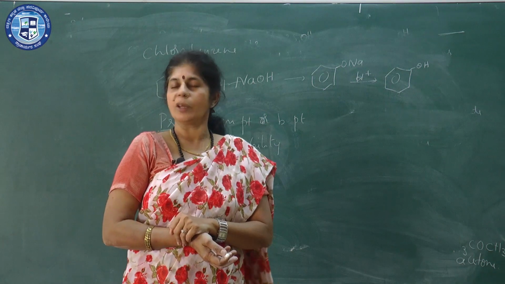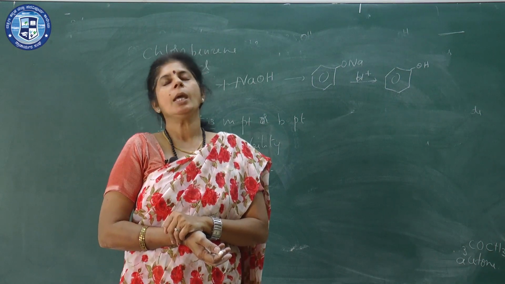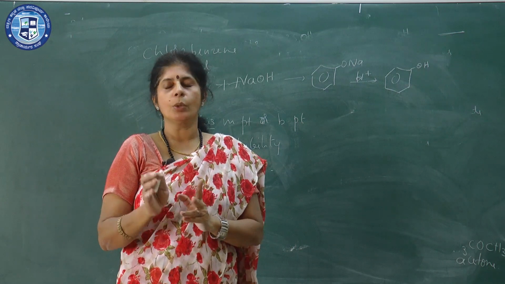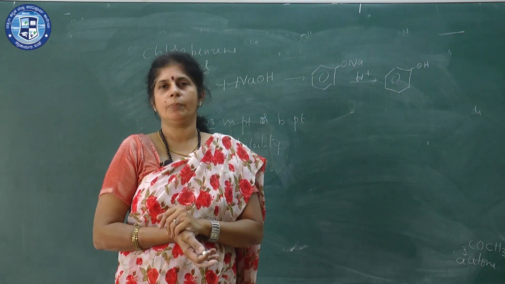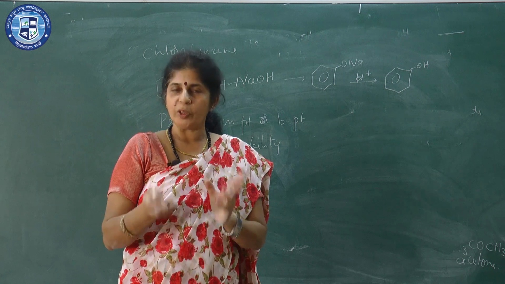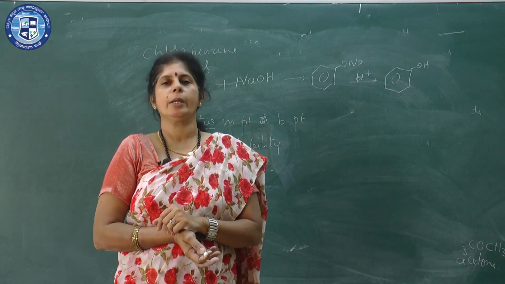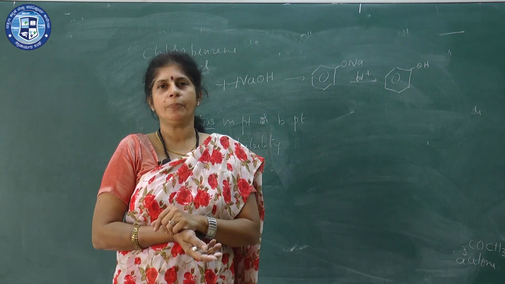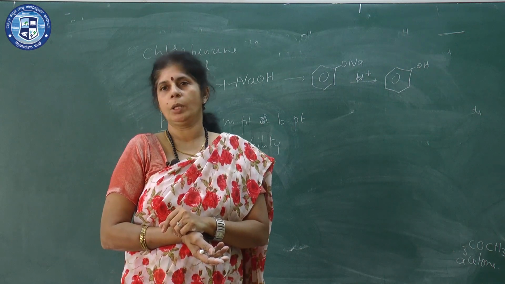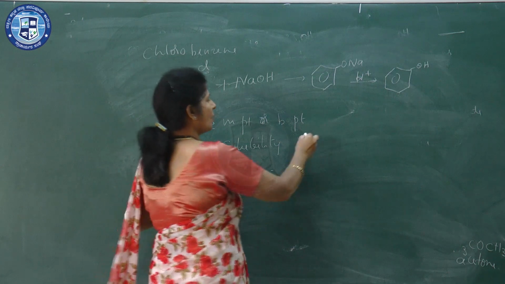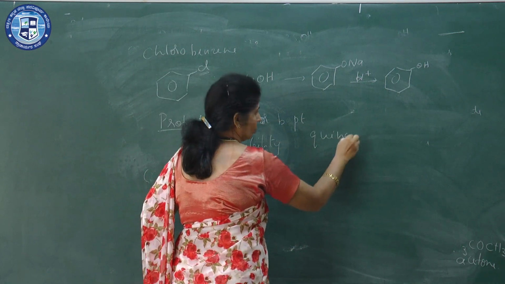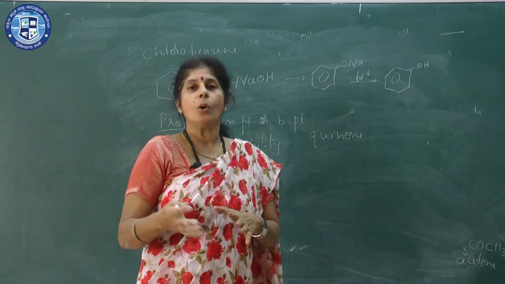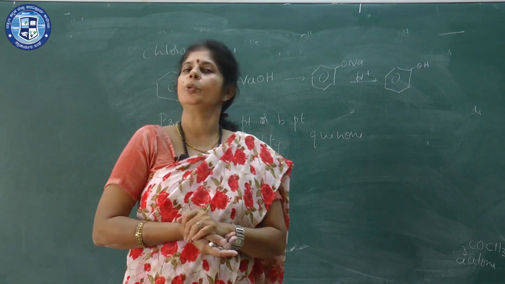So phenol, the first member I am talking about, is a liquid which has no color, no taste, no odor, etc. But when the phenol is exposed to atmospheric air, it starts to get oxidized and we get quinone. We get a compound which has a dark pink coloration, quinone. This quinone dissolves in phenol, so it starts imparting color to the phenol.